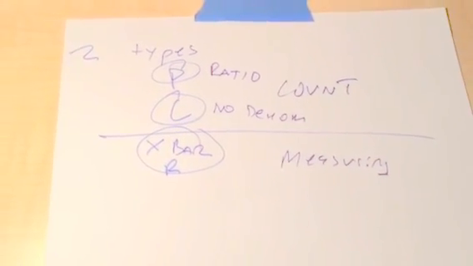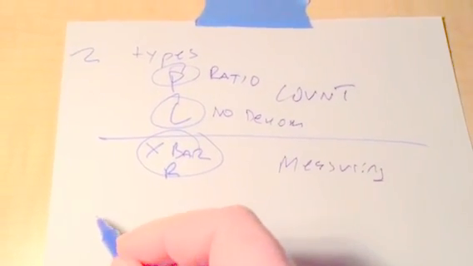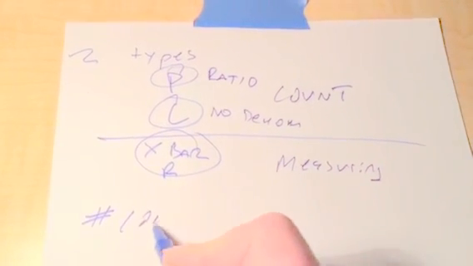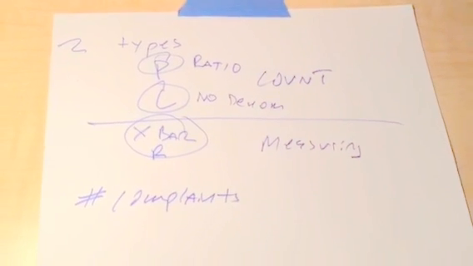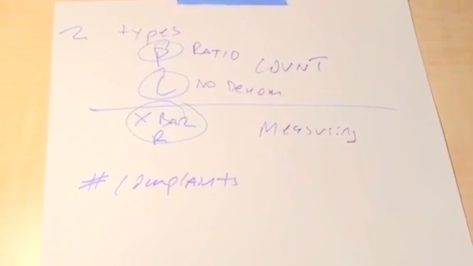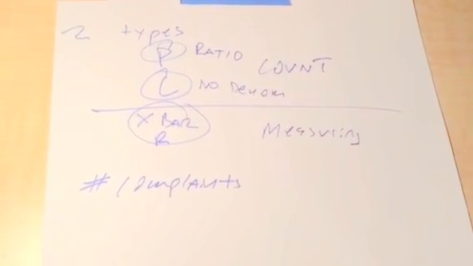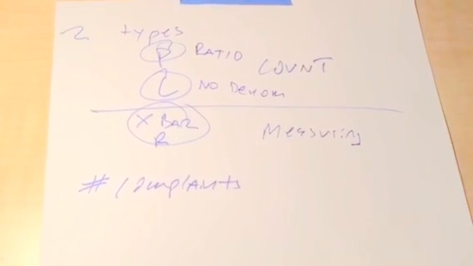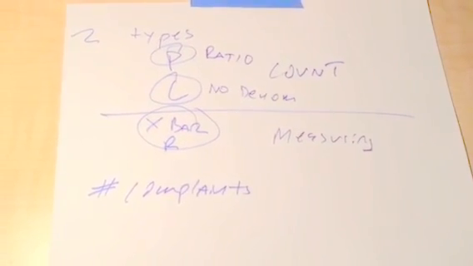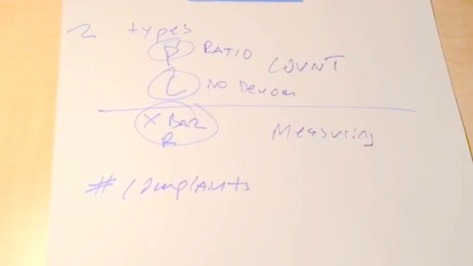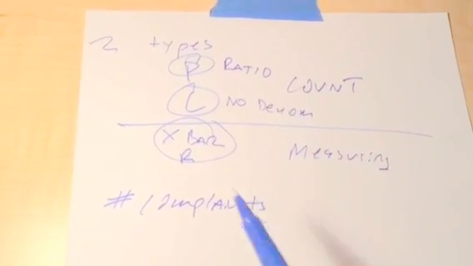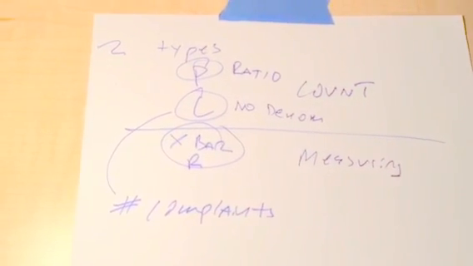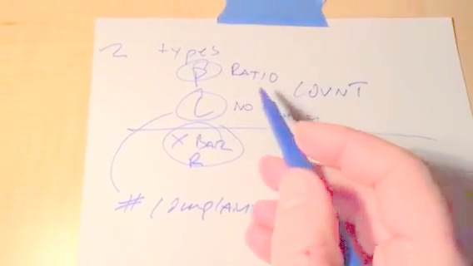So if I just counted up the number of customer complaints that I got every day, or in a day, or in an hour, it doesn't matter, that's just a number. I can't really do anything with that number. I can't really divide. And if that's the situation, we'd want to make a C chart, because we can't compute a ratio.